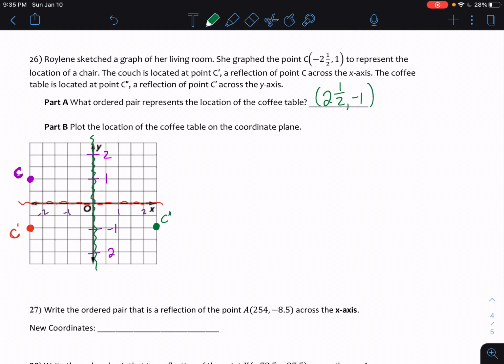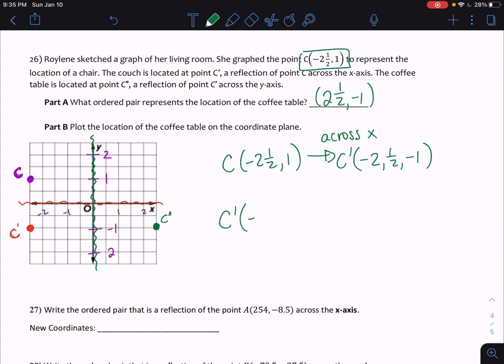The other thing I could have done is I could have taken this point. C is -2.5, 1. And if I want to reflect across X, I'm going to keep the X the same. And I'm going to flip the Y. So that's my C prime.